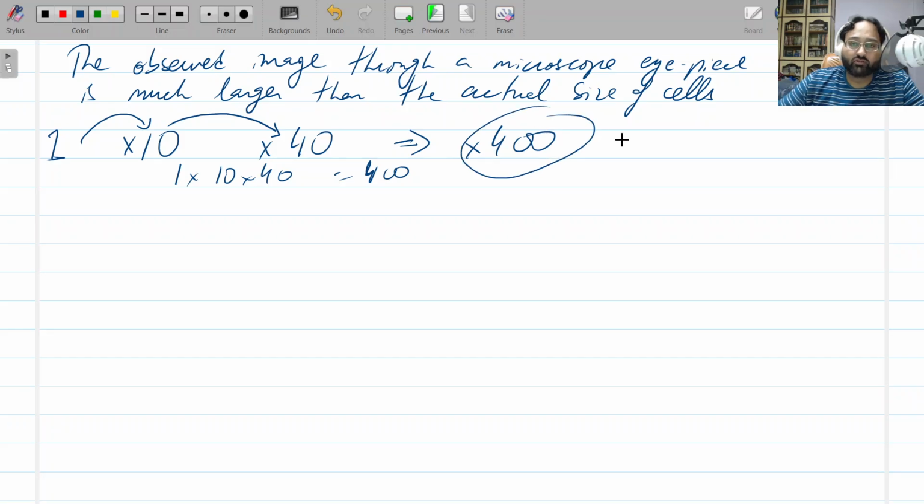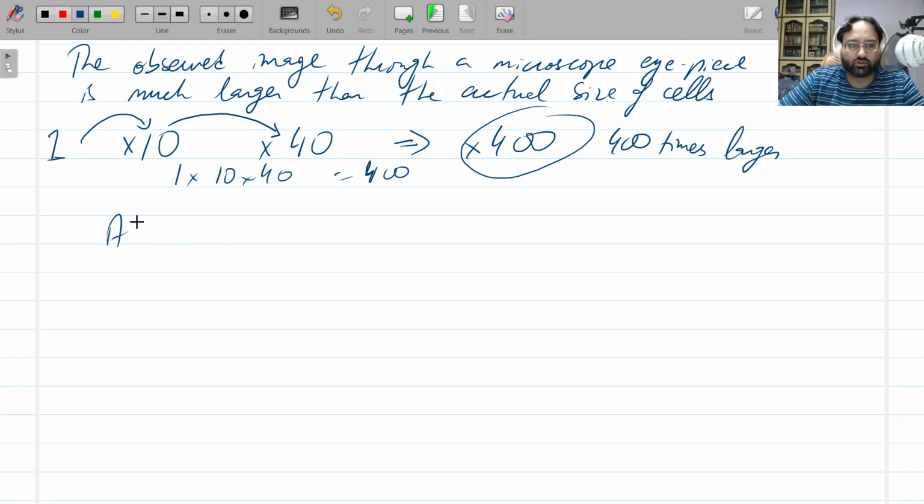So what you're observing is 400 times larger. Oh, okay. So more zoomed in than normal. Yes, it's very much zoomed in, and this is the magnification of a school grade light microscope.